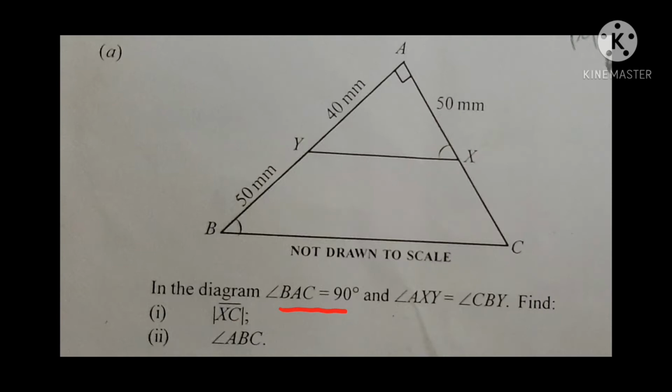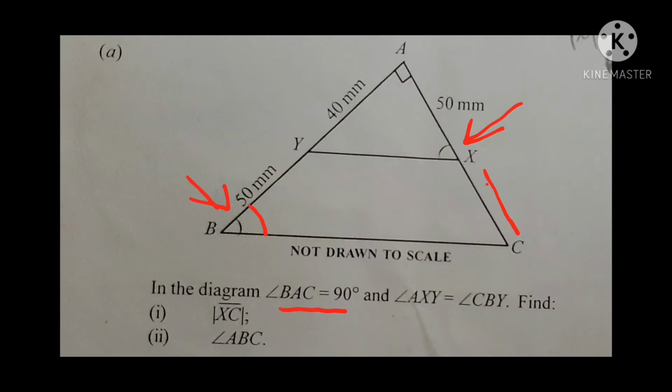As indicated here, this angle and this angle are supposedly equal, and we've been asked to find the length of the line XY, from here to here, and also the angle ABC, which is also here.